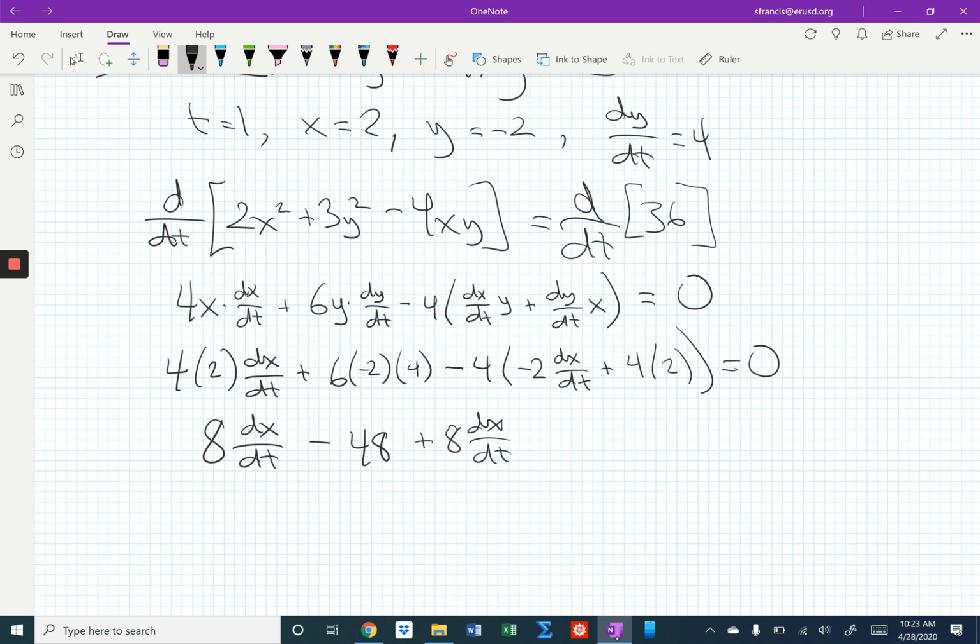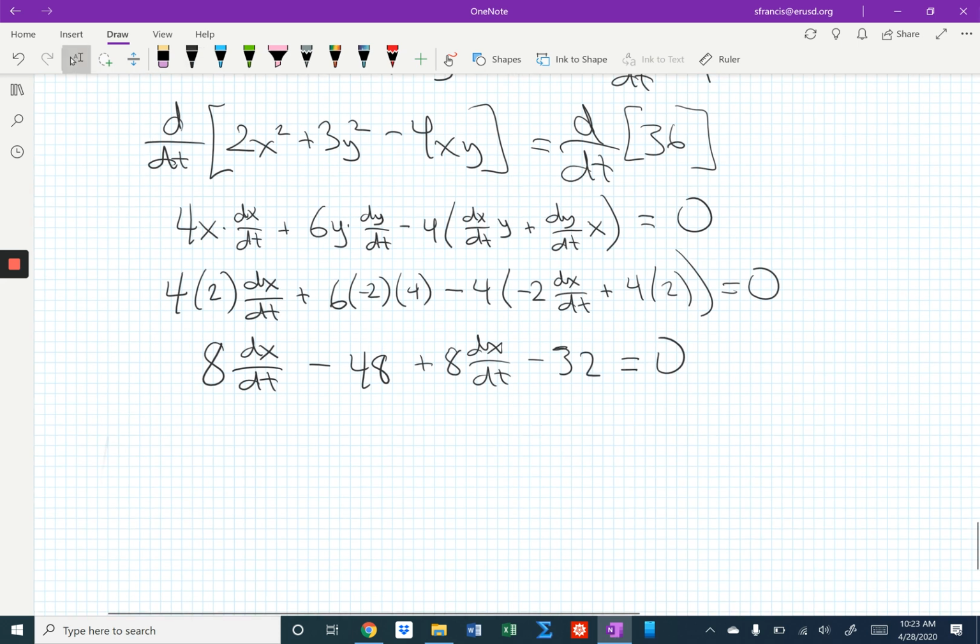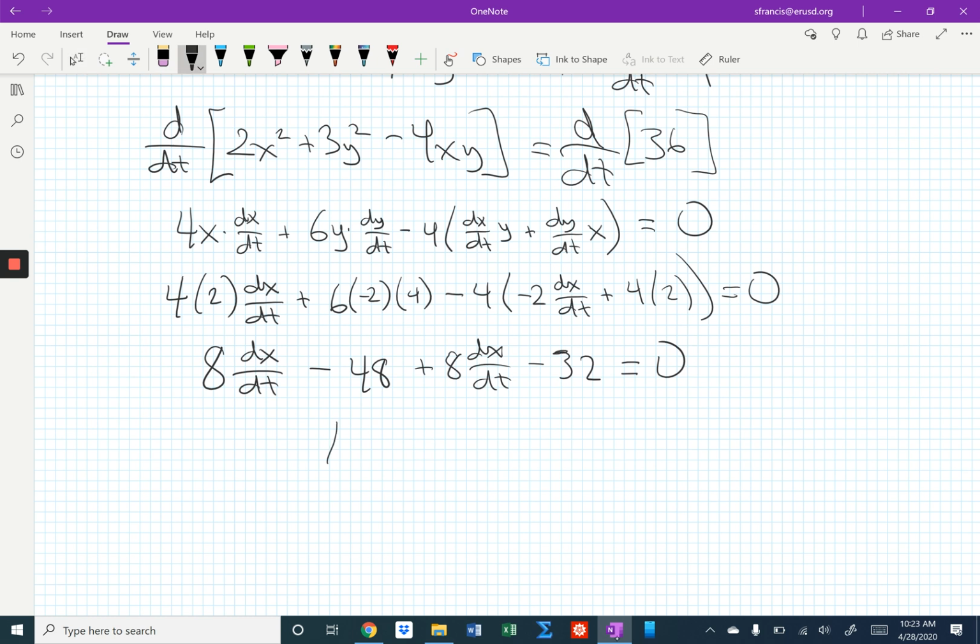This is 8, and then times -4 is -32, because I'm writing and talking, and that's a challenge for me. 8 and 8 is 16, so this is 16 dx over dt. -48 and -32 is -80, but if I add that to the other side, I get 80. And so when I divide by 16, we get 80 over 16, which happens to be 5. And that's it.